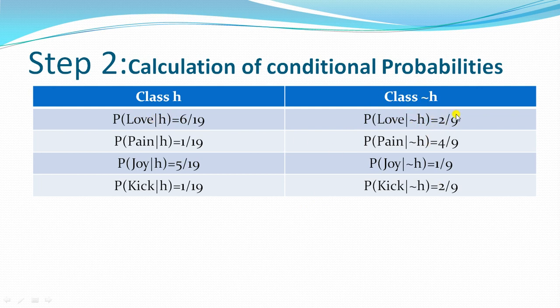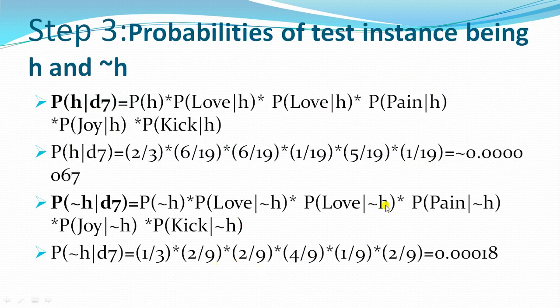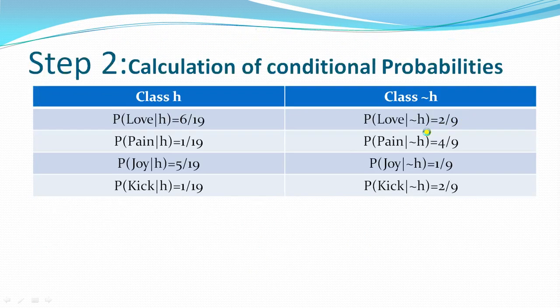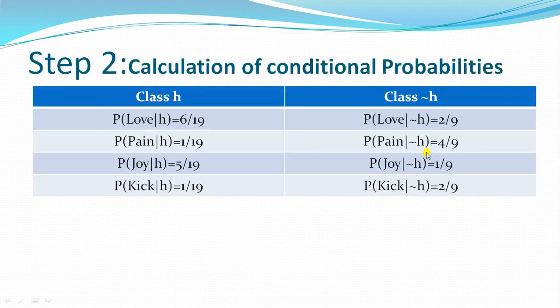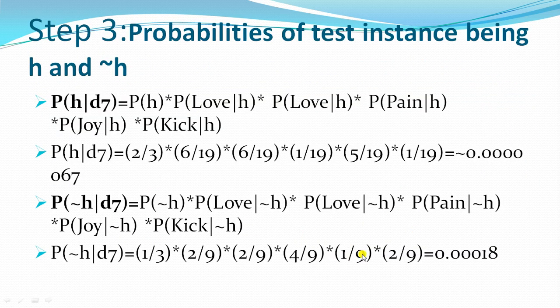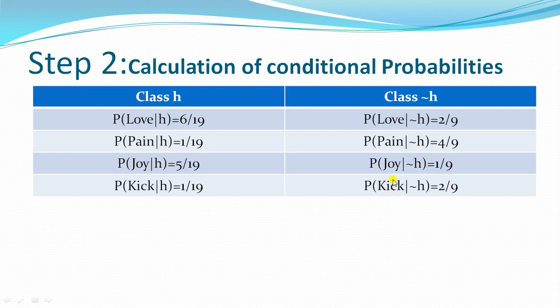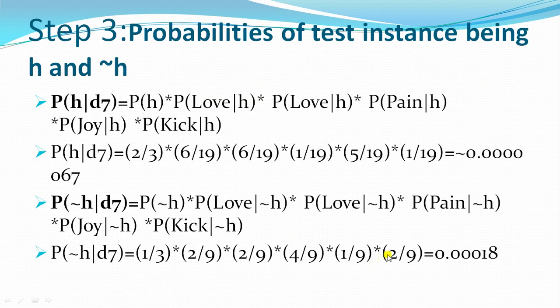It is 2 by 9 into 2 by 9 into pain, which is 4 by 9. Then joy is 1 by 9. Then kick will be 2 by 9, right? So after substitution and calculating, I will end up with a value like 0.0018.